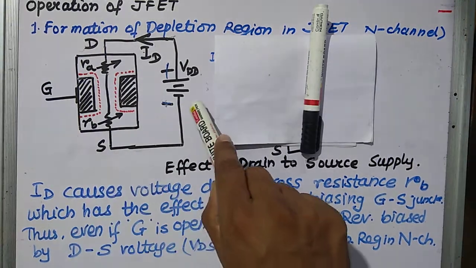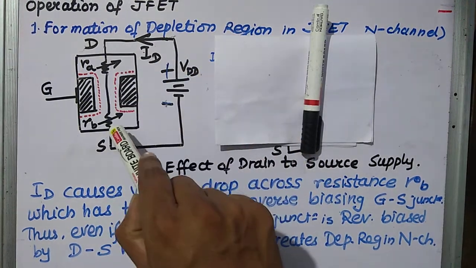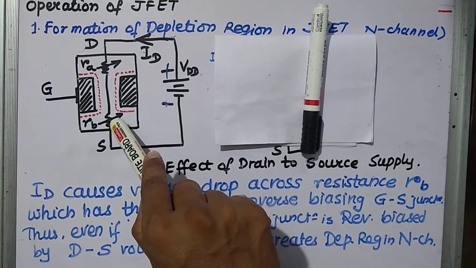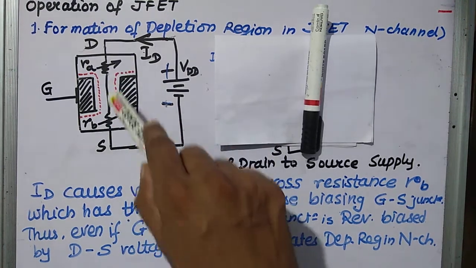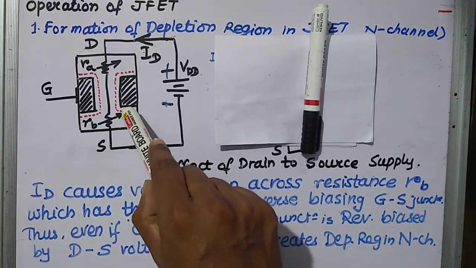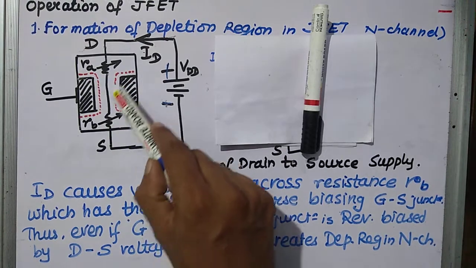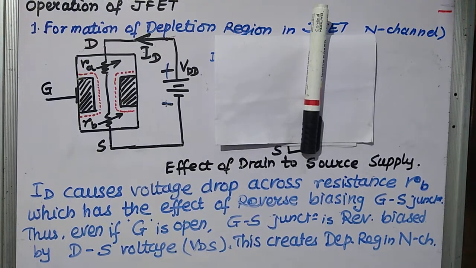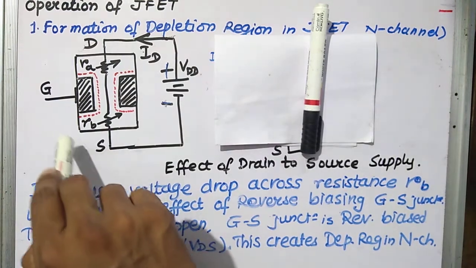Still, when VDD is applied, it causes the drain current to flow, and because of this drain current, there will be a voltage drop across RB, as there is a voltage drop across RA. Because of these voltage drops, a depletion region is formed across the PN junctions, indicated by the red colored line in the N channel. So the effect is the same as the effect produced by gate to source voltage.